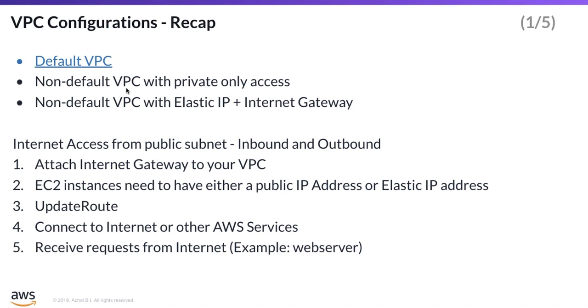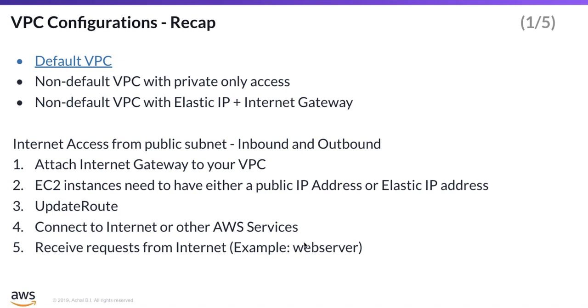Anything you create is a non-default VPC, and we could have a VPC with private-only access. We saw how we could associate an elastic IP with an instance and route the traffic through the internet gateway.